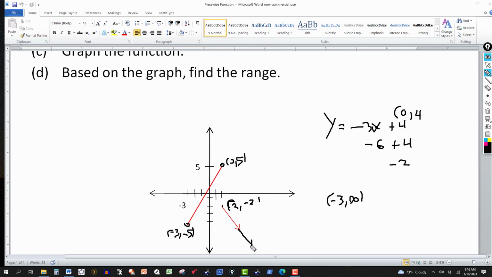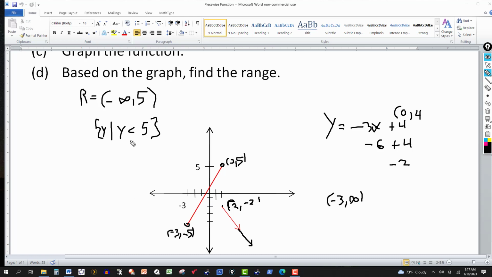So the range of the graph here is from 5 down. So this will be negative infinity, 5. So it's 5, and it's everything down. In set builder notation, you can also write it as the set of all y, so set y less than 5.